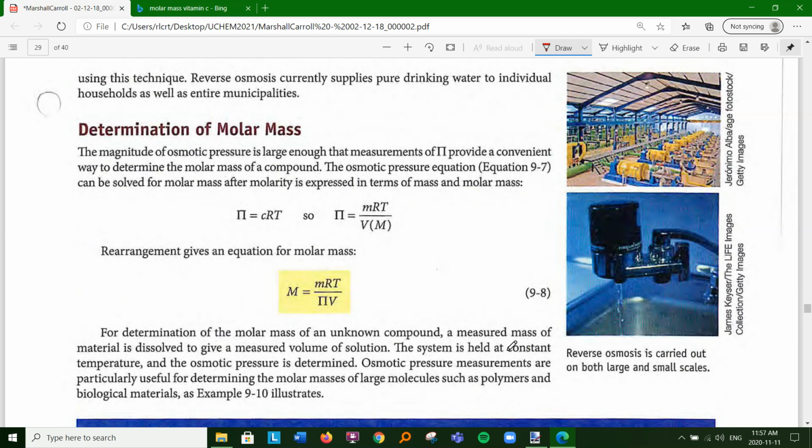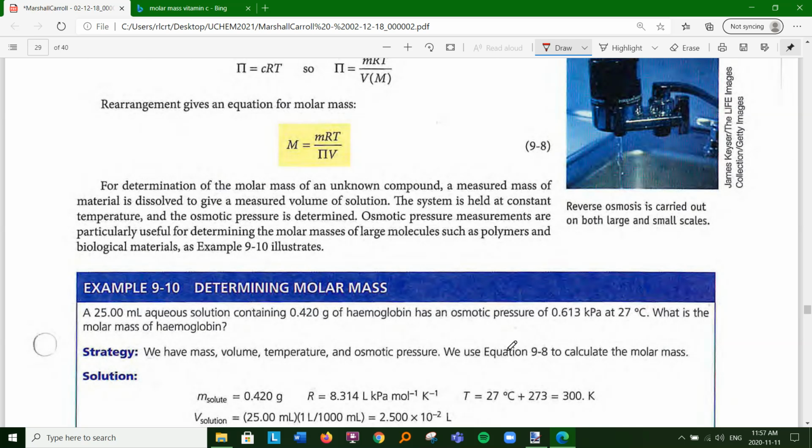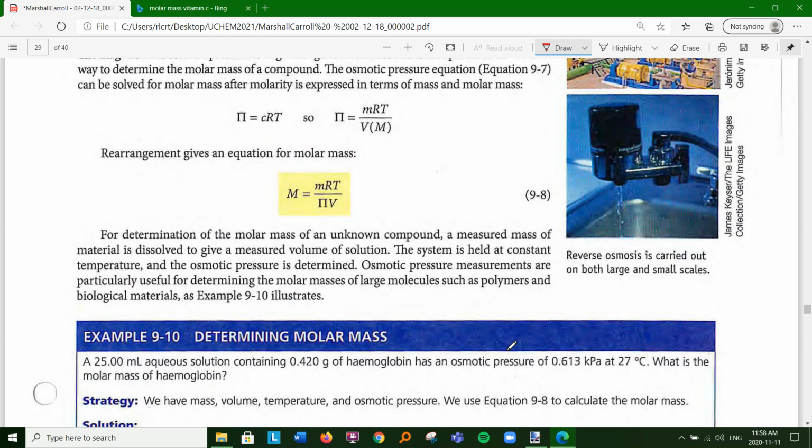And now here's where it's used to get molar masses. I know I did one with freezing point to get molar masses, but often osmotic pressure measurements are used to get molar masses, especially for large molecules. So the molar mass can be determined from this equation using this data.